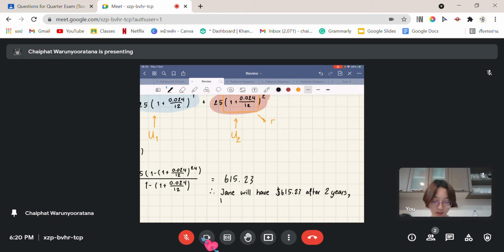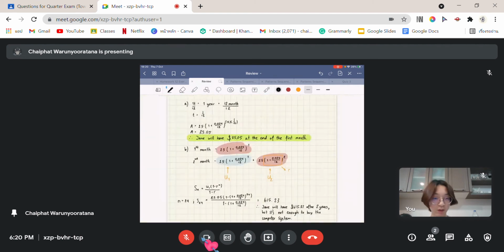But it's not enough to buy the computer system.